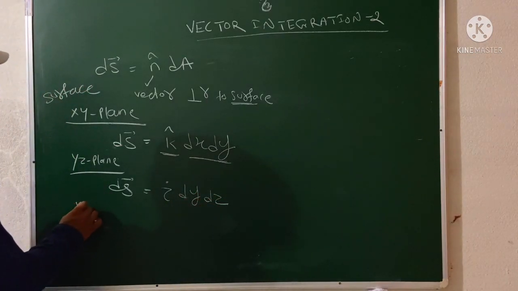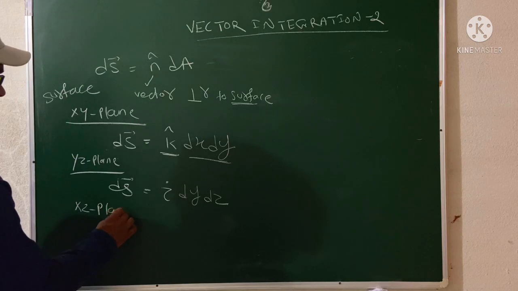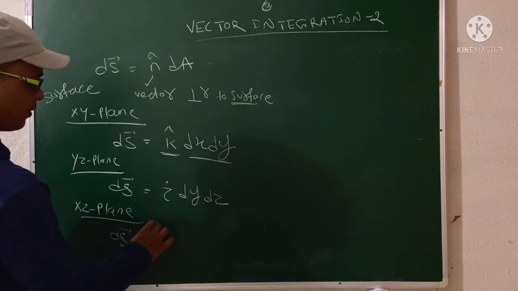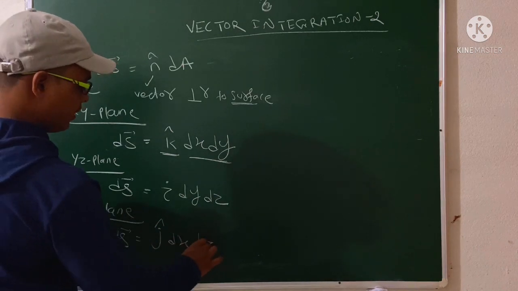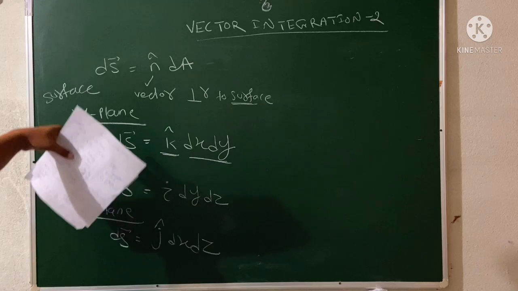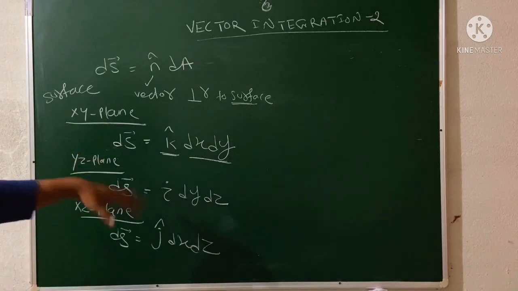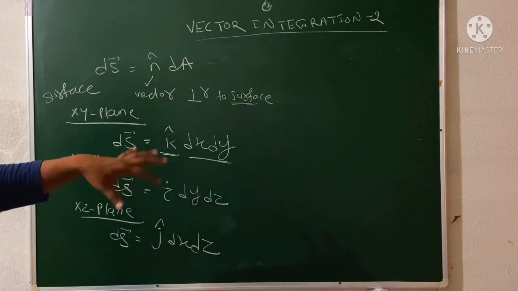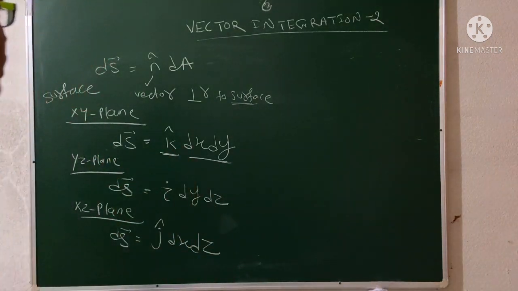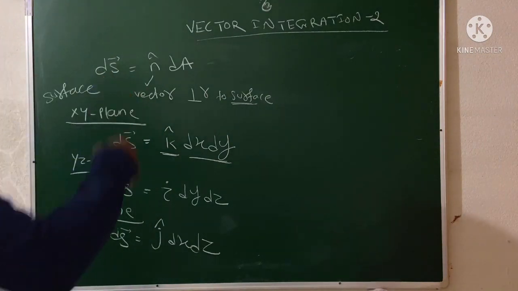Then if it is the xz plane, similarly your dS will be j cap into dx dz. So remember, these are the dS vectors in the Cartesian coordinate system. We will see what happens in the polar coordinate system and the curvilinear coordinate system. So this is the dS vector, n cap into dA.